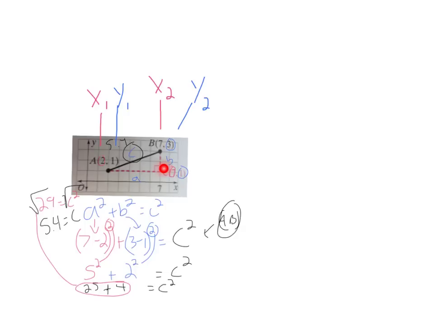So if you think about it, what I said was x2 minus x1, right? That's saying this value minus this value, which is my a, correct? Now keep that together.